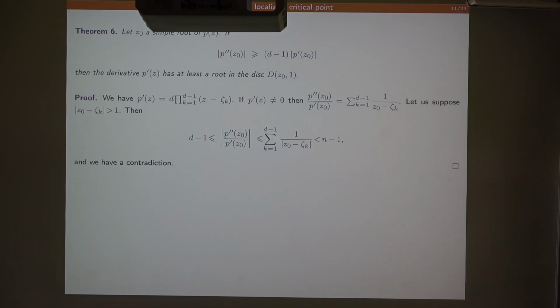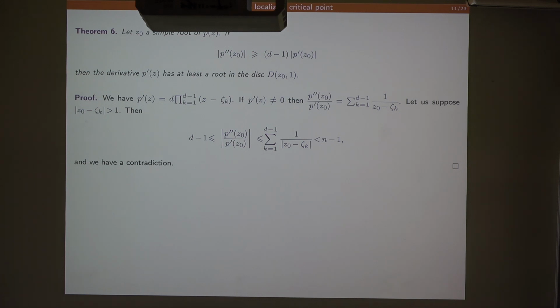Sorry, there is a condition to localize a critical point. Consider Z naught a simple root of P(Z). If this inequality holds, then the derivative has at least a root in the disk centered in Z naught and radius 1.